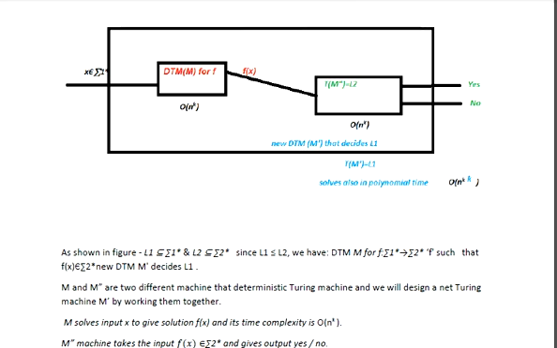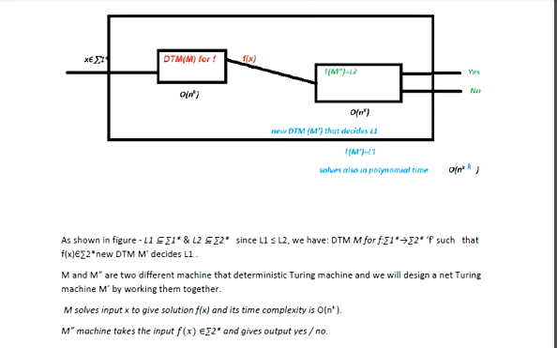At the first step, we have a deterministic Turing machine which maps the sigma star 1 input and gives the output in sigma star 2, where sigma star 2 has the function of x, and the deterministic Turing machine M prime will finally decide L1.